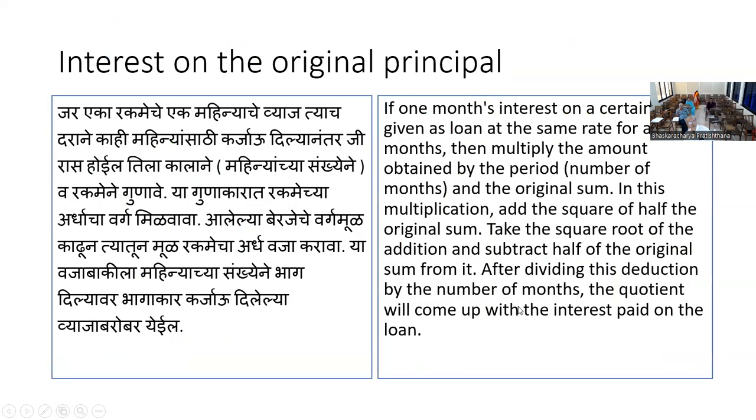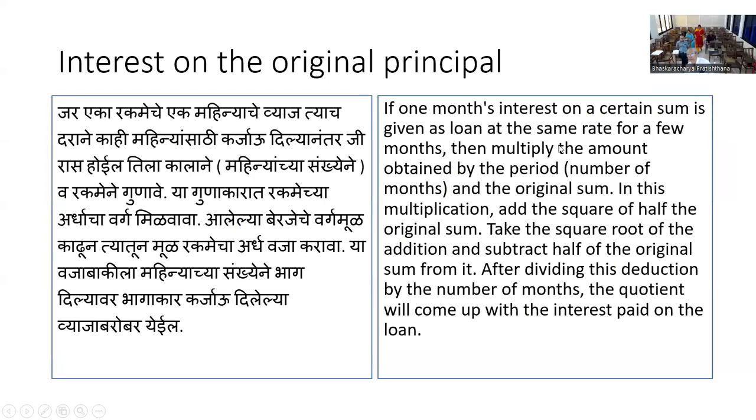Okay. So this is just if 1 month's interest, for example, 1 month's interest. So 1 month, 1 year, whatever unit you can consider, on a certain sum is given as loan at the same rate for a few months. Then multiply the amount obtained by the period, number of months, and the original sum.